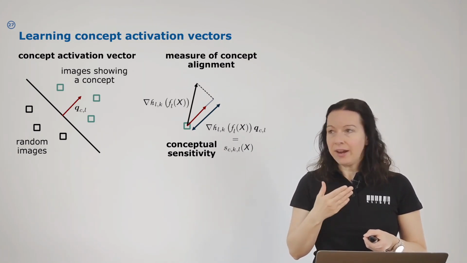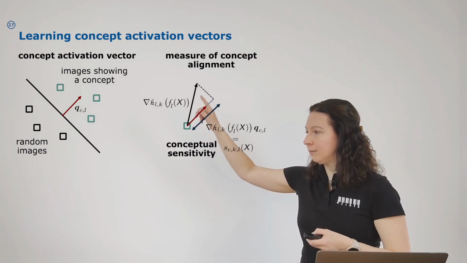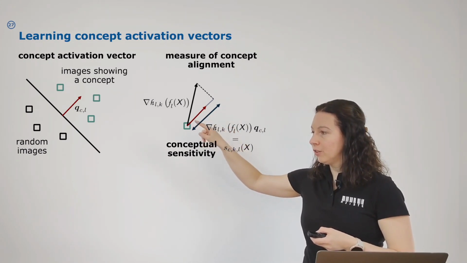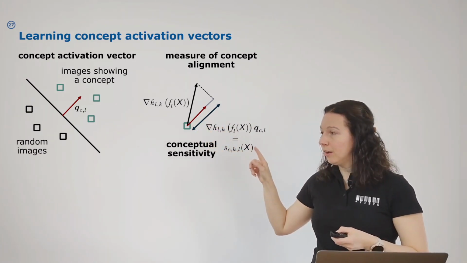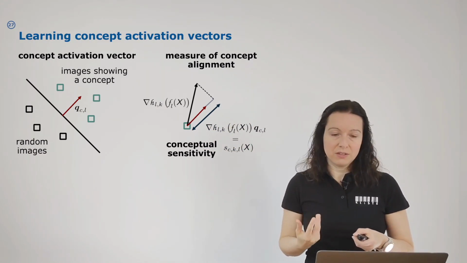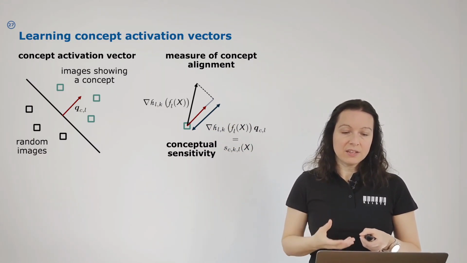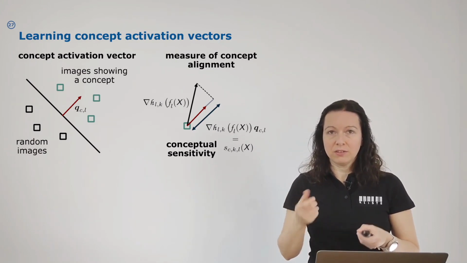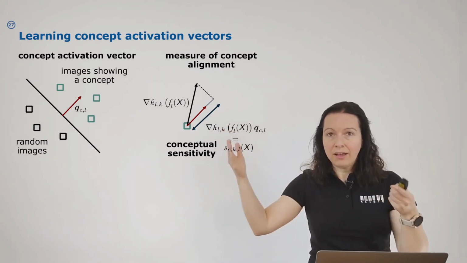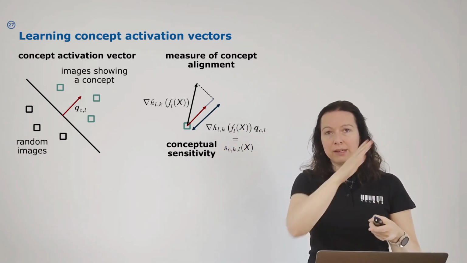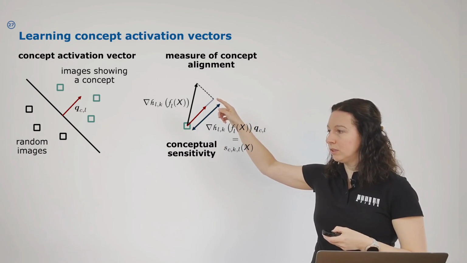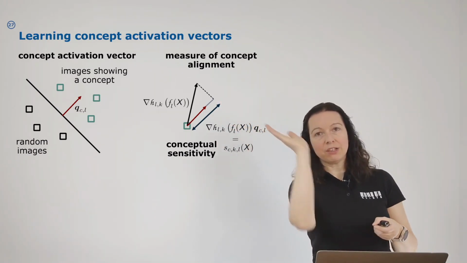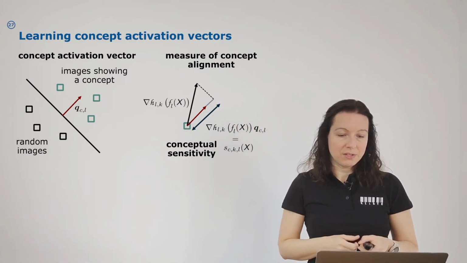And this vector is projected onto this concept activation vector. This gives you the so-called conceptual sensitivity. So this is actually the length of the vector. The sensitivity is a value, and the value is the length of the vector when you project it down to this concept, or the direction of this concept activation vector.